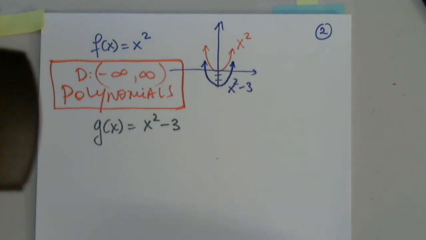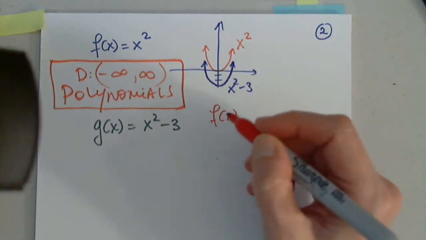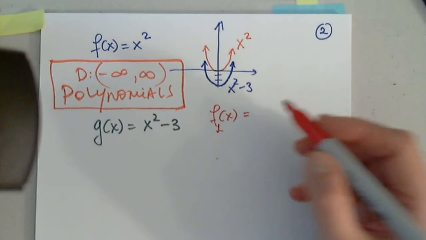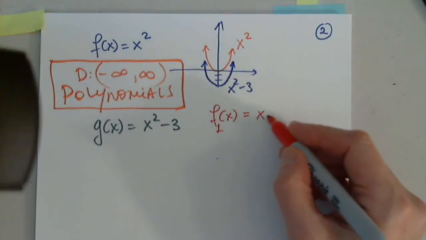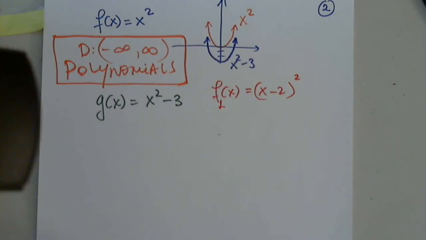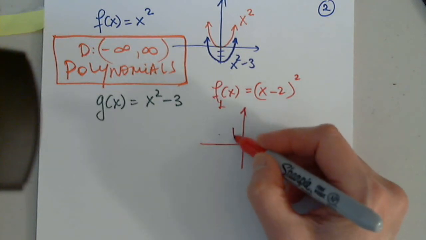Now, what if I want to graph this function, f1, to differentiate it from that? f1 of x equals x minus 2, everything squared. So this is still from the family of x squared, of course, quadratic.